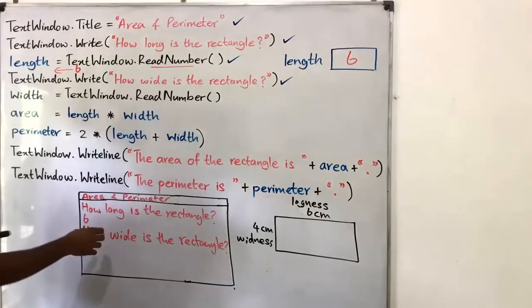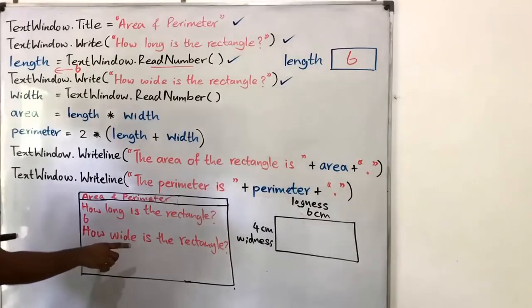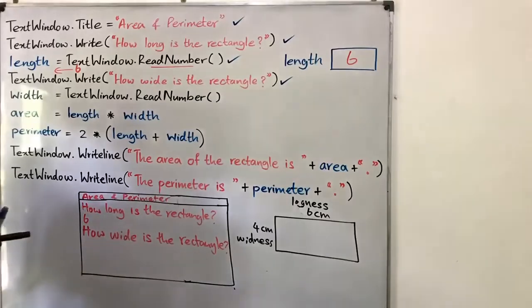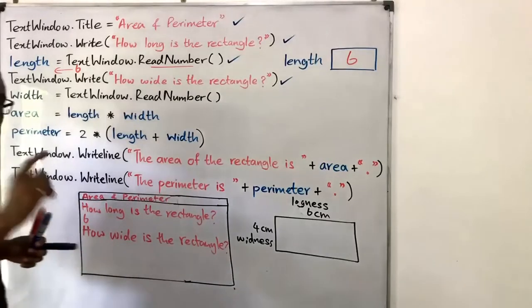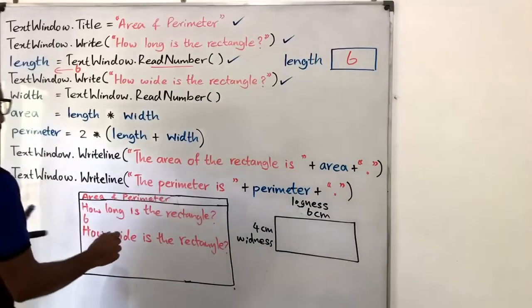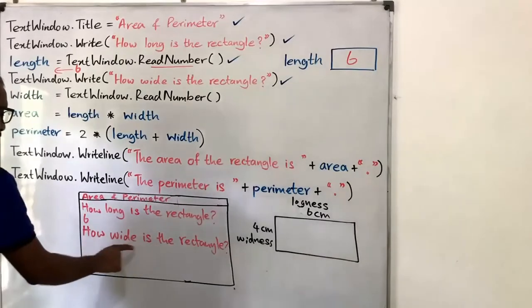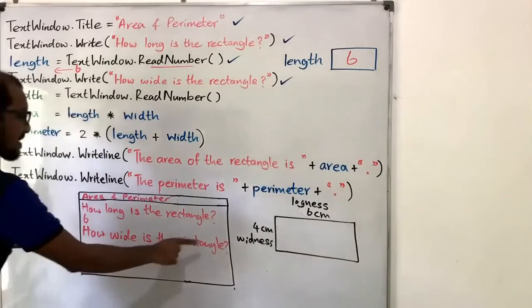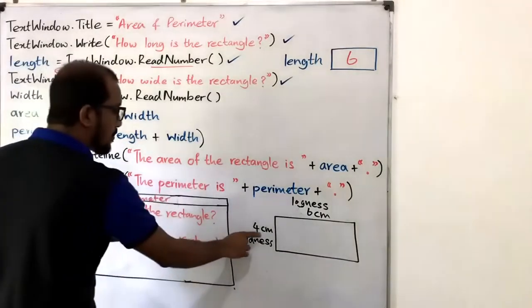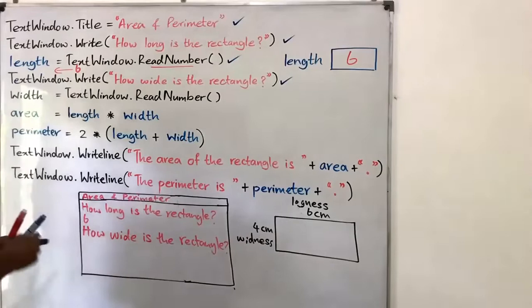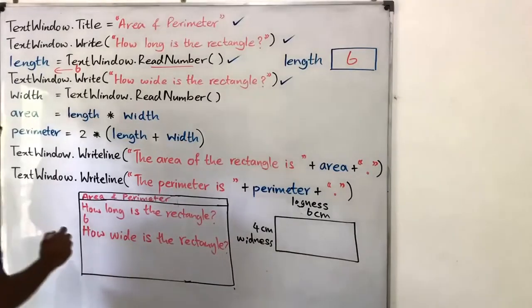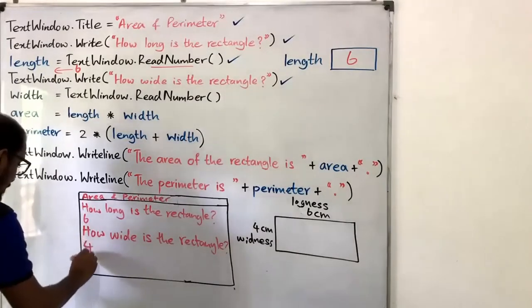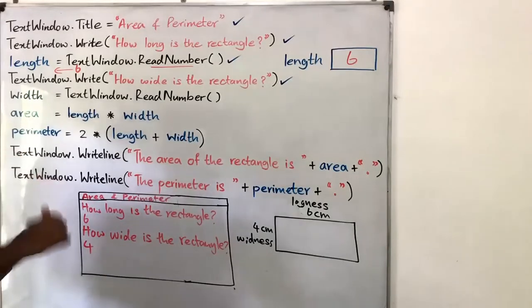After displaying, now there is a question. The question is asked through the text window. Now what should the user do? He should give the value related to this wideness. How wide the rectangle is? So the wideness or breadth value is 4. The user will type 4 and then press the enter button.